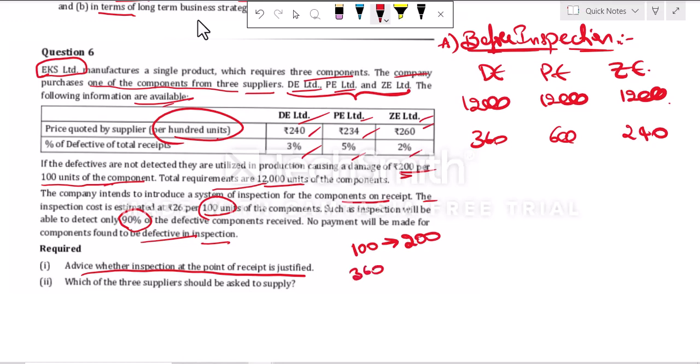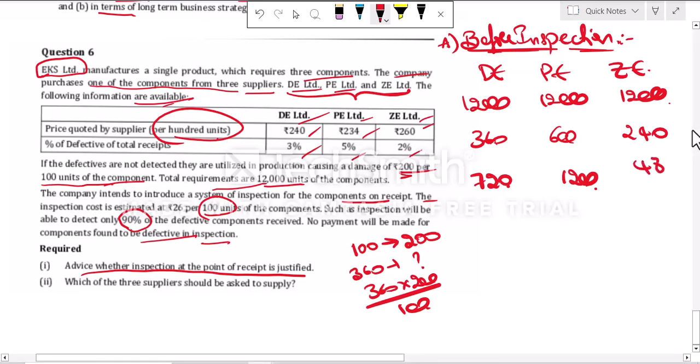For 360 units, how much? 360 into 200 by 100, 720 rupees. Same way, 600 into 200 by 100, 1200. 240 into 200 divided by 100, 480 rupees.